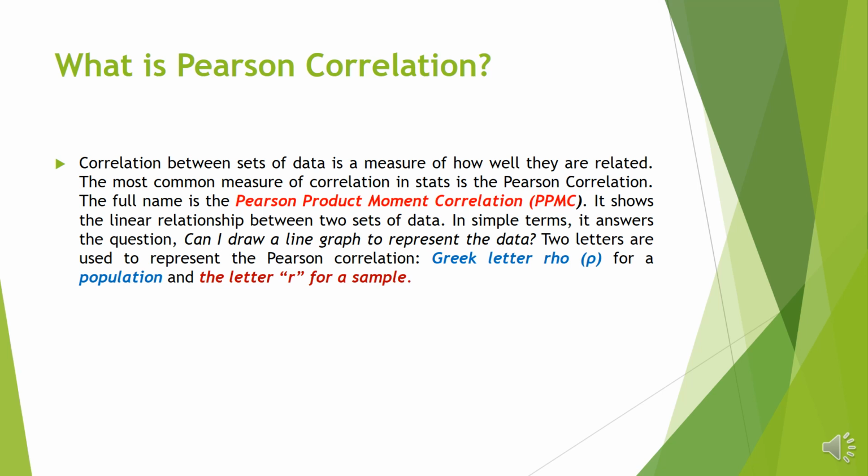It shows the linear relationship between two sets of data. In simple terms, it answers the question, can I draw a line graph to represent the data? Two letters are used to represent the Pearson correlation: Greek letter rho for a population and letter R for the sample.